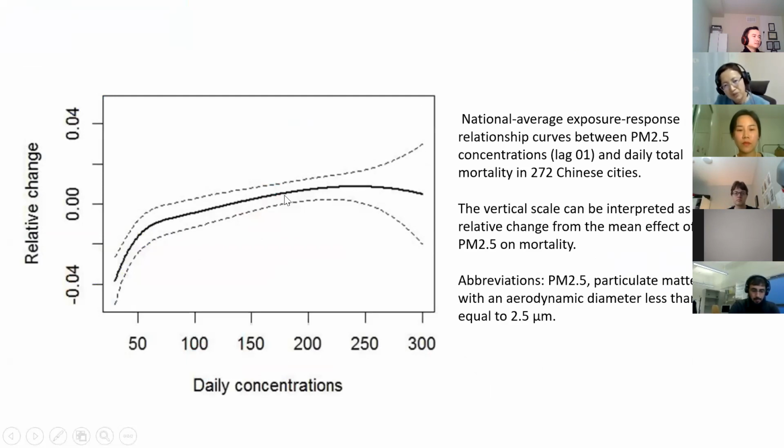The current national average level of PM 2.5 is decreasing and decreasing. Last year, in some cities, for example Shanghai, the annual average of PM 2.5 was less than 40, close to 36.